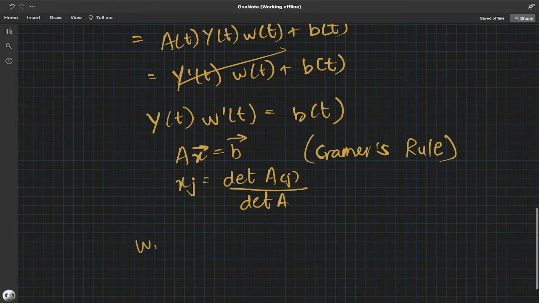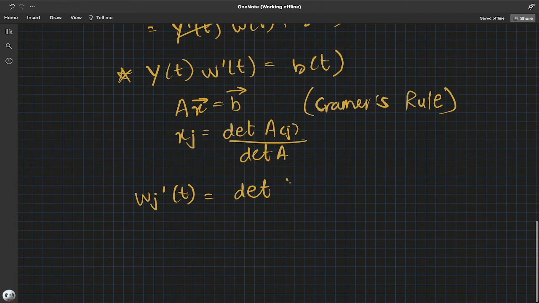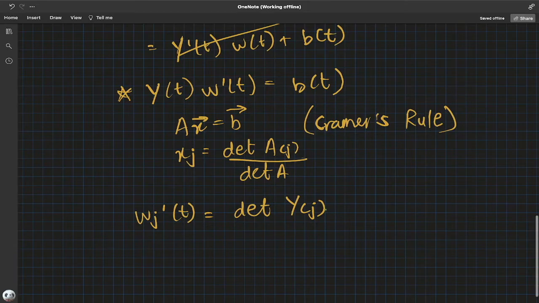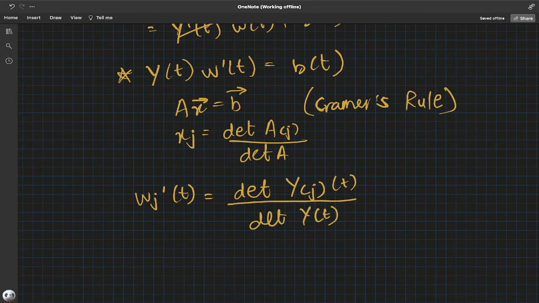In case of X, we're going to generate Wj prime of t, because we had that in this equation, to be the determinant of the modified matrix. So Y with the jth column replaced by B of t, which is still a function of t, divided by the determinant of Y of t.